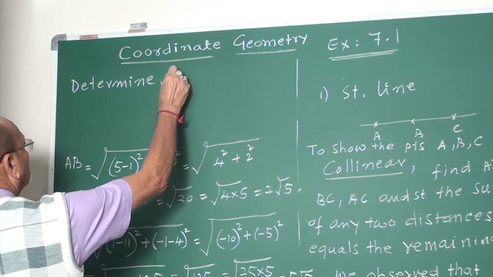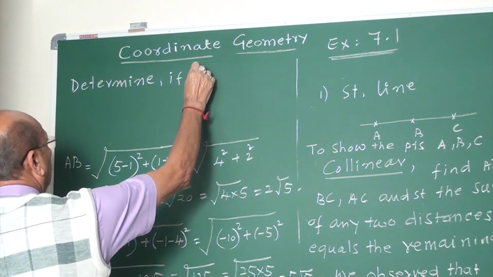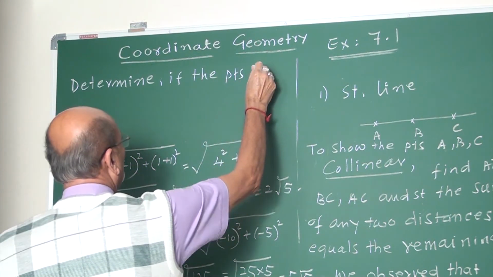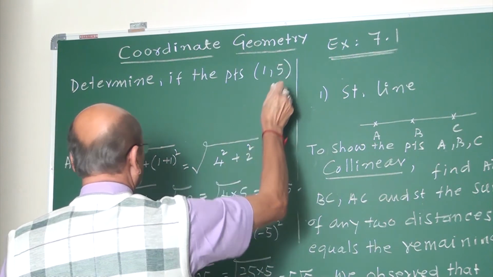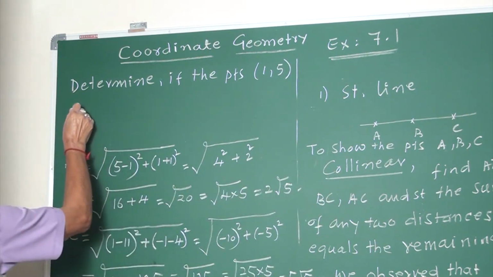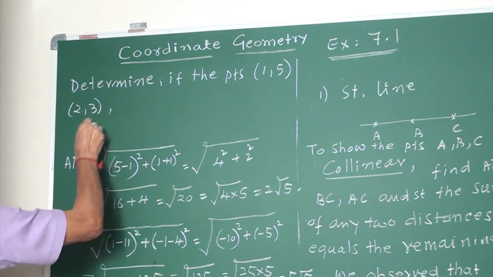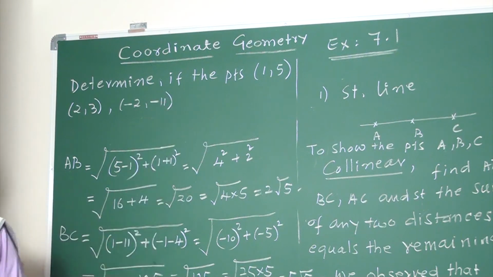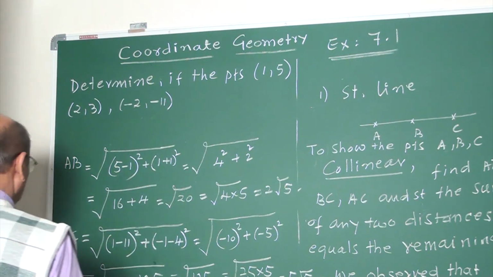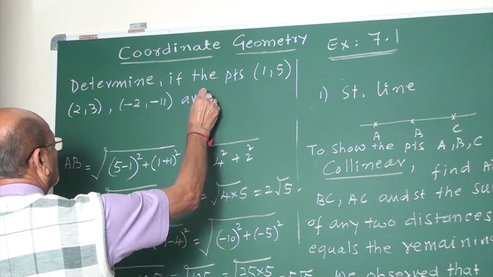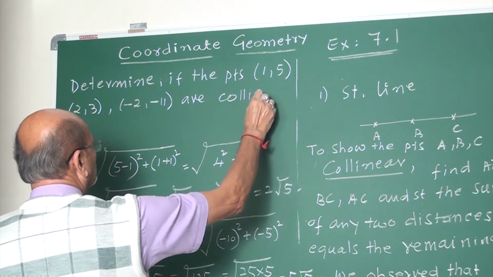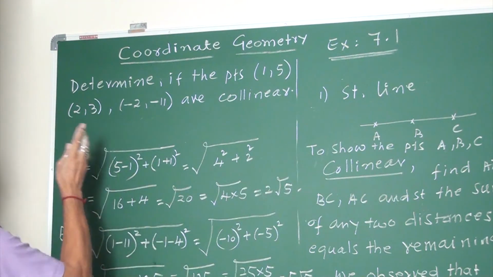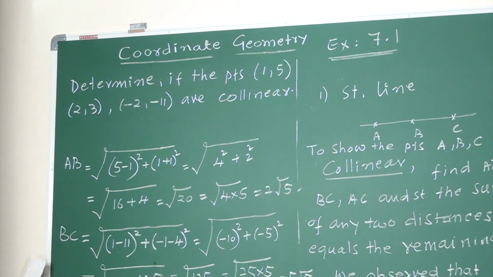Determine if the points (1, 5), (2, 3), and (-2, -11) are collinear. You have to check it, not prove that, just determine whether they are collinear or not.